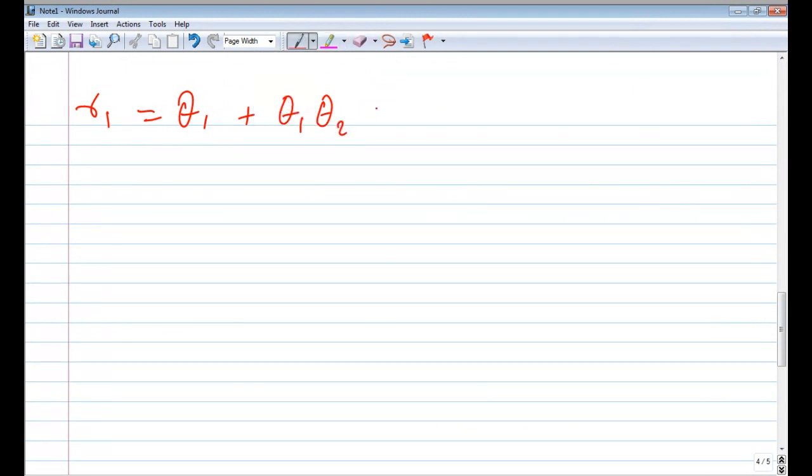Theta 1, theta 2, plus theta 2, theta 3, plus theta 3, theta 4, plus, and the last one is theta i plus 1.